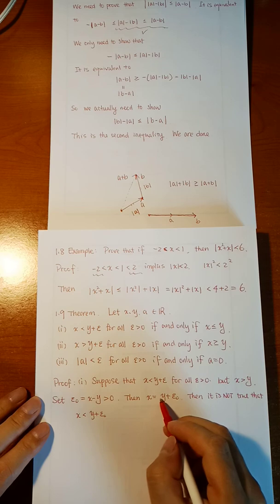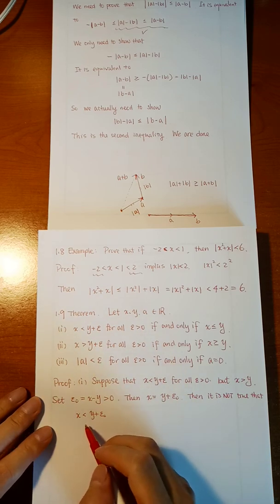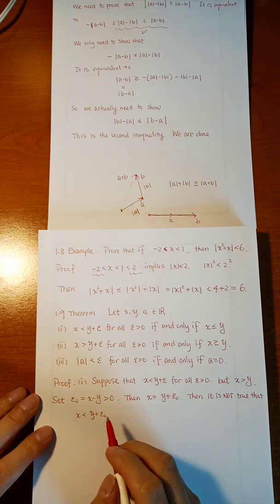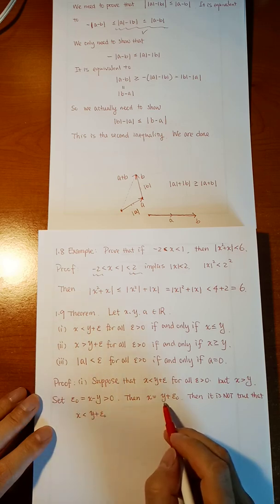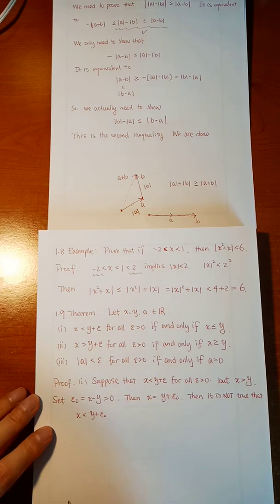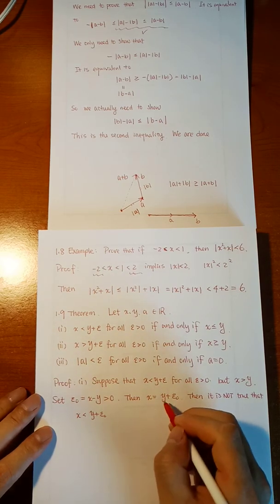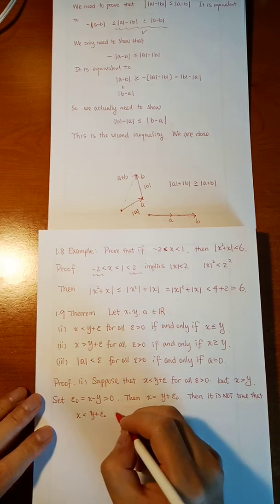You have an equality, then by the trichotomy property, this holds, then this one cannot hold. Right? It is less than, equal, greater than. 3 cases, only one case. One and only one case can happen for 2 numbers. Here this case happened, then this one does not happen.